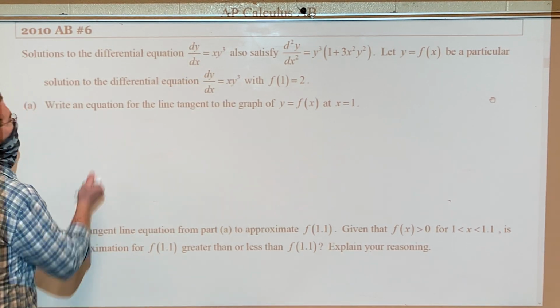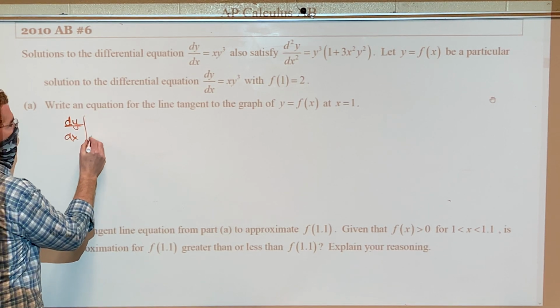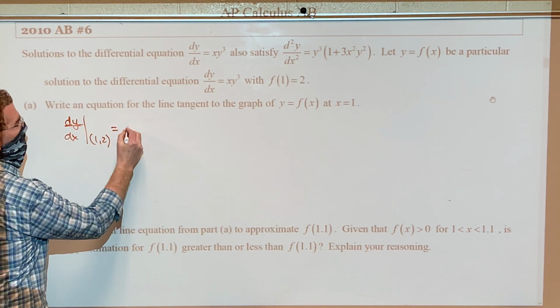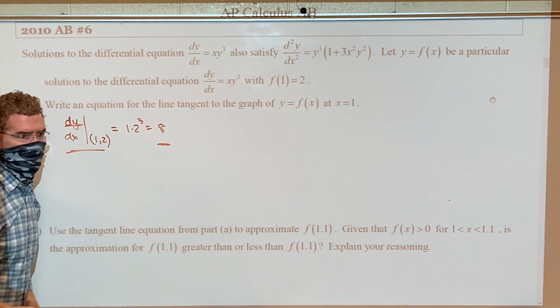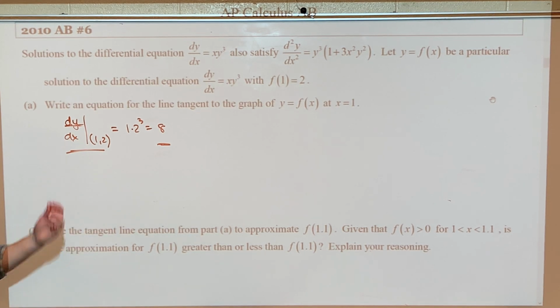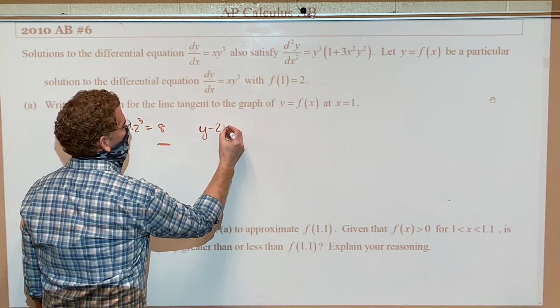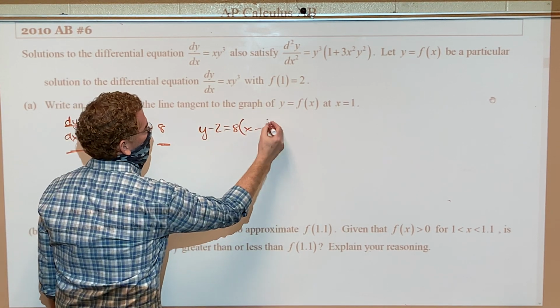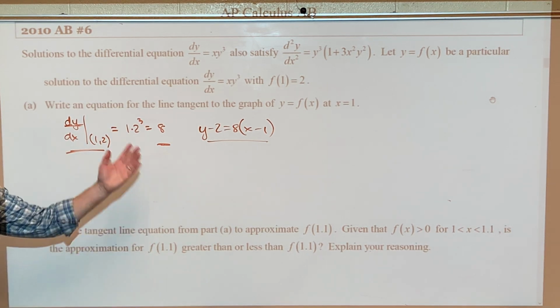So say dy/dx at the point 1, 2 is 1 times 2 cubed equals 8, or at least say these two things. So I've got my slope. You probably get a point, half a point, maybe not anything. And then it says write an equation of the tangent line. So y minus the 2 equals 8 times x minus the 1. And you're wasting your time putting it in any other different form, in my opinion.